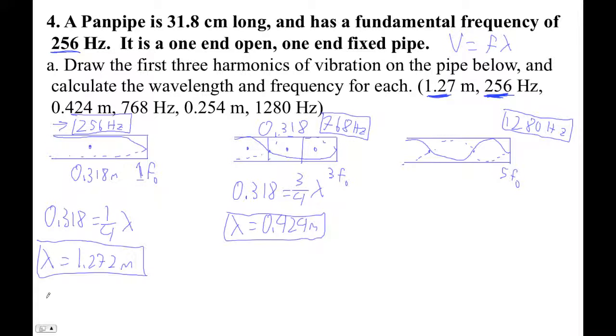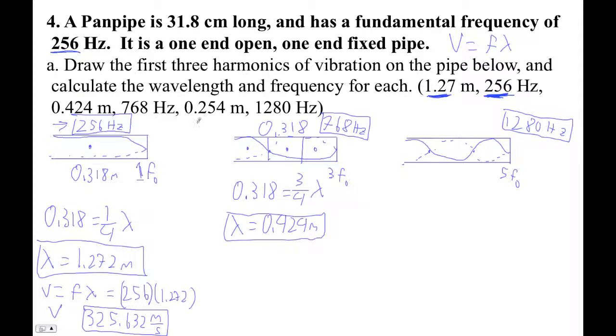The velocity is frequency times wavelength, so it's 256 times 1.272. 256 times 1.272, don't round. 325.632. Ta-da! That's our newly calculated wave speed on here.